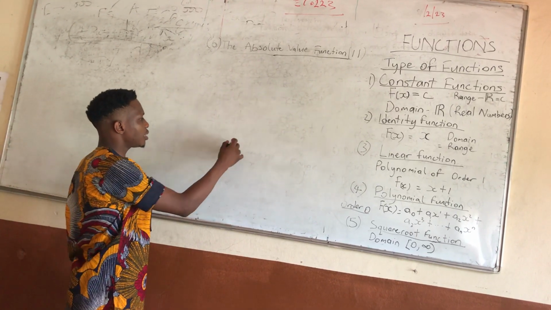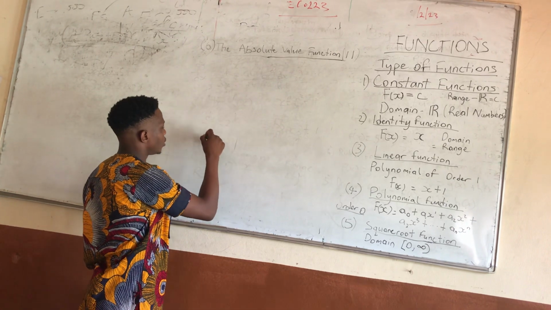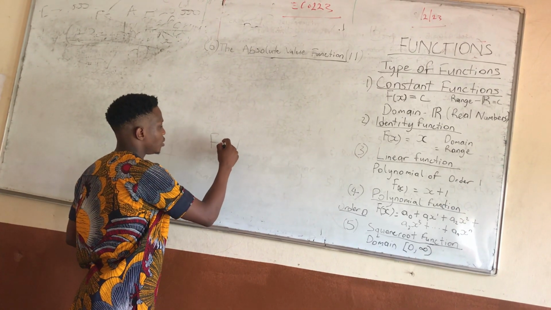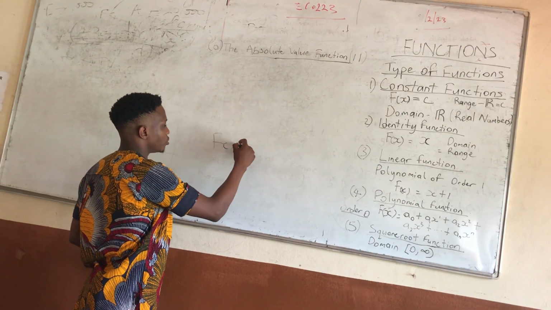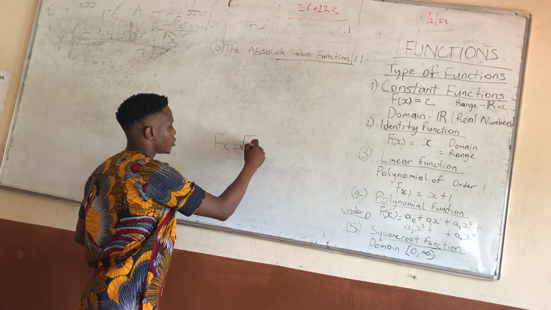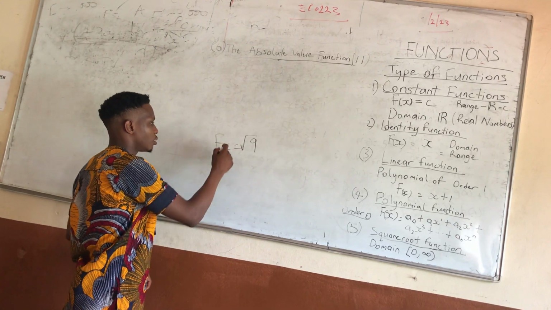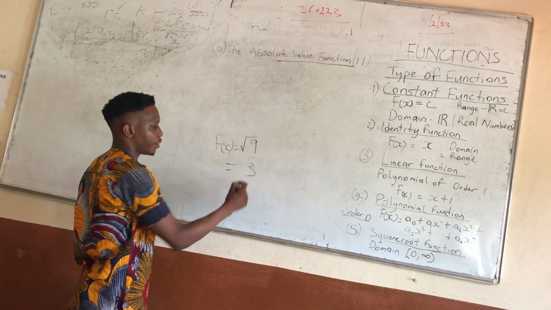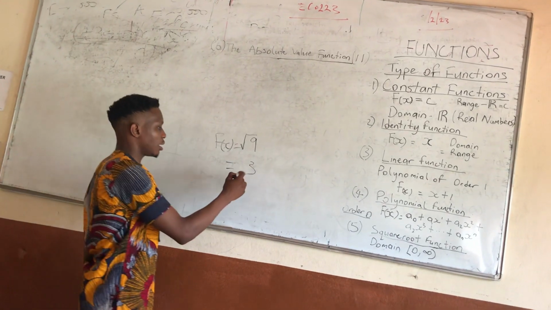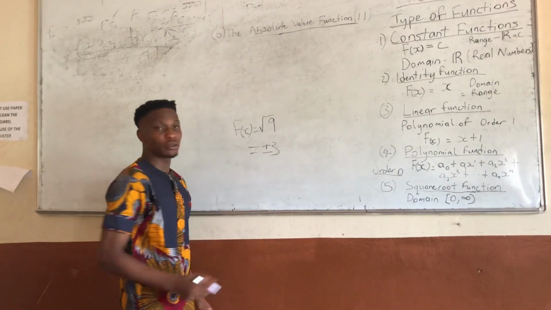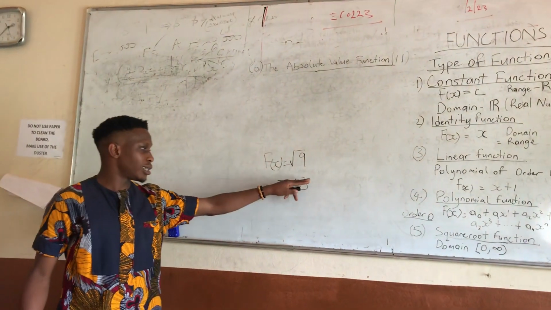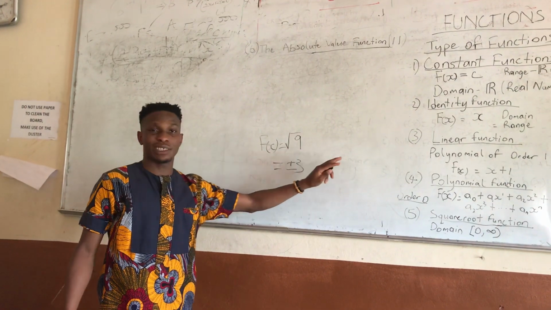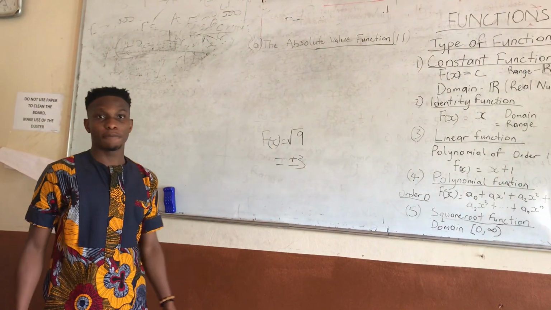So let's say that we have f of x equal to the square root of 9. This will give us 3, right? But this can actually be plus or minus 3, because plus 3 times plus 3 is going to give us 9, and minus 3 times minus 3 is going to give us 9.